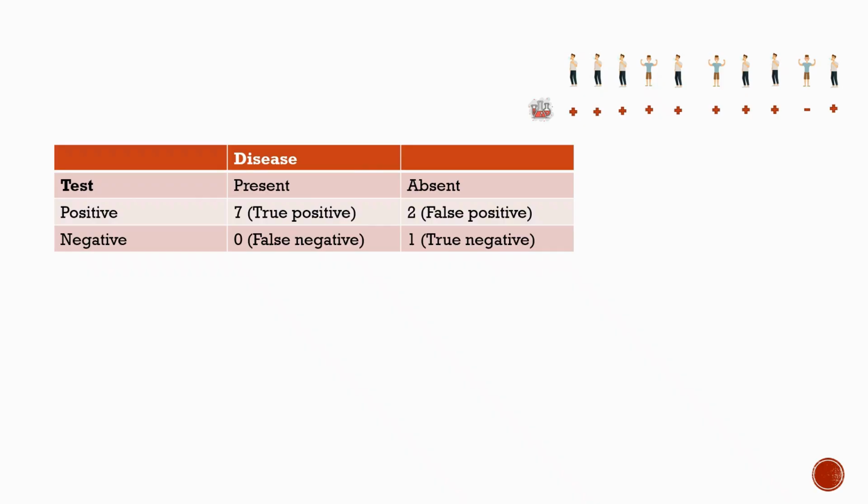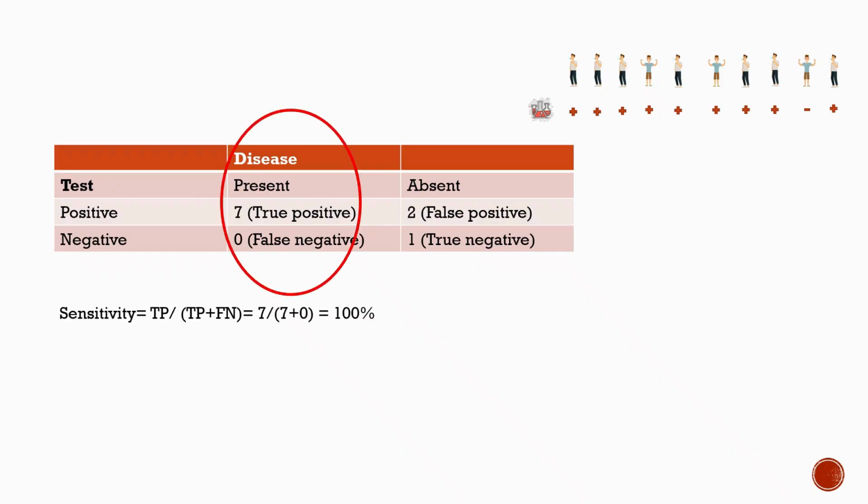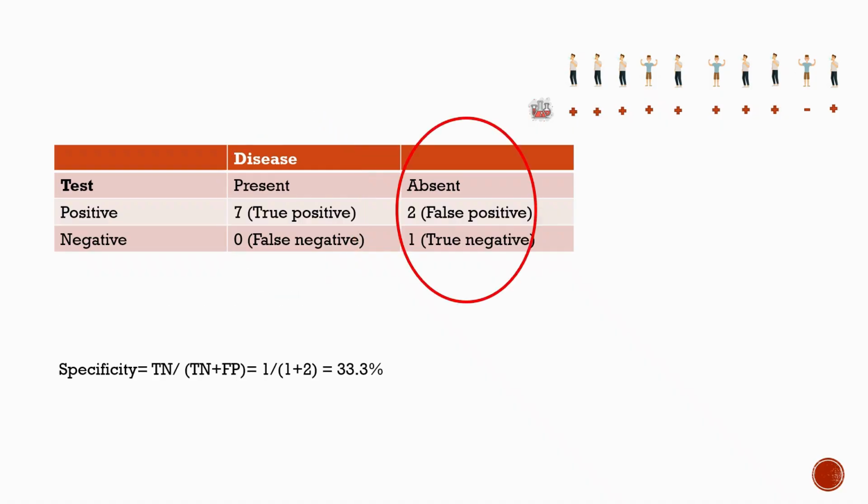Again, the sensitivity, how will we calculate, it is true positive divided by true positive plus false negative. 7 divided by 7 plus 0, that is equal to 100%. Next is specificity, that is true negative divided by true negative plus false positive. 1 divided by 1 plus 2, that is equal to 33.3%.